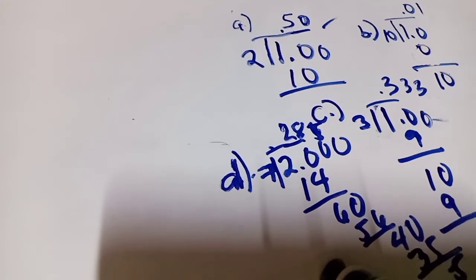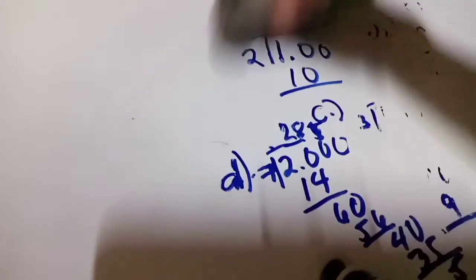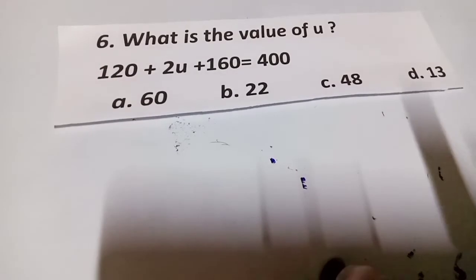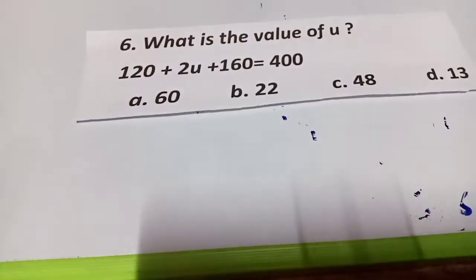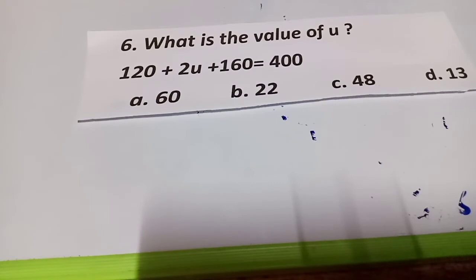Let's proceed to number 6. What's the value of u in the given: 120 plus 2u plus 160 is equal to 400?